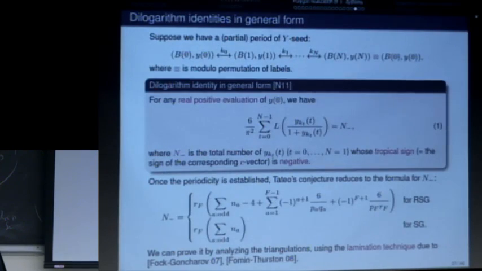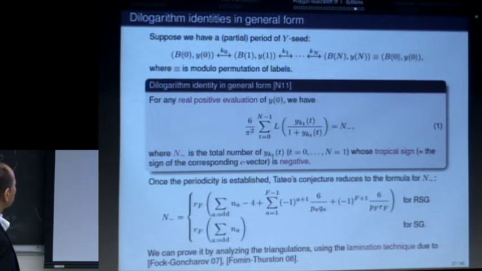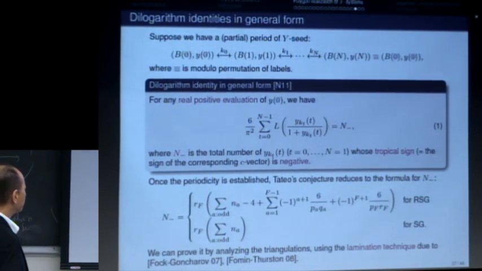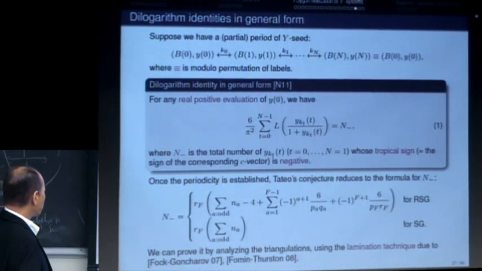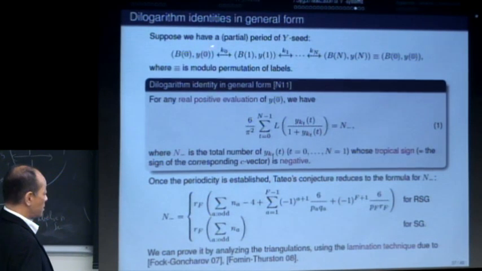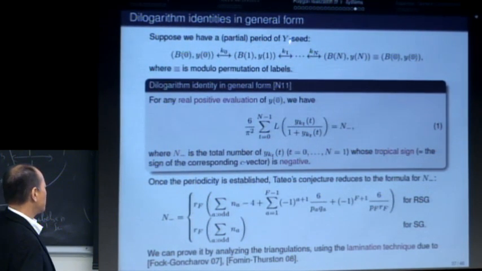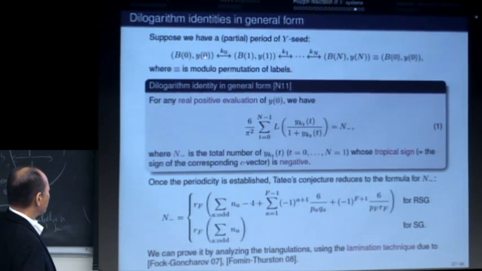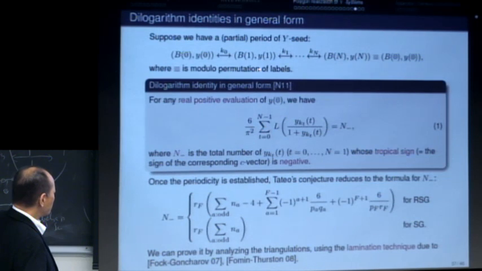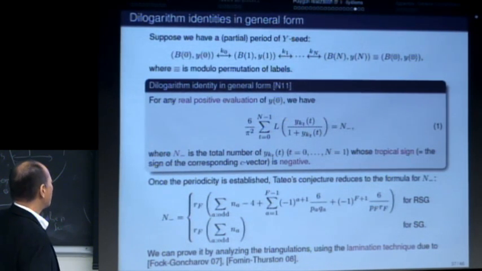Now I still have some minutes to explain the dilogarithm identity. So this is a general fact. If you have a cluster algebra, which is, say, skew symmetric, and suppose we have some partial period of Y seed, like this. So we make a mutation, and after n steps, you come back to the original one, modulo permutation of level.